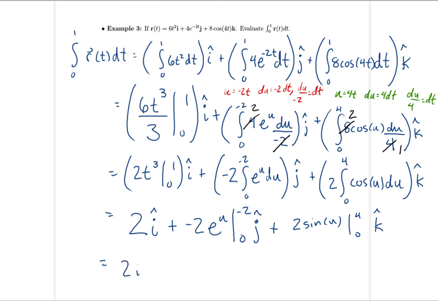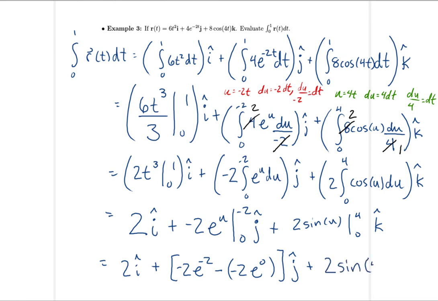So 2i, and then plus, so this will be negative 2 e to the negative 2 minus negative 2 e to the 0. All right, and that's j plus 2 sine of 4 k.